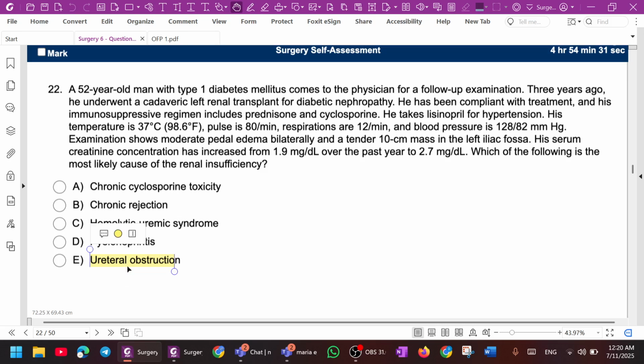Is there any possibility of chronic rejection? That's what I'm thinking, but I'm between that and ureteral obstruction. Where is the left iliac fossa?